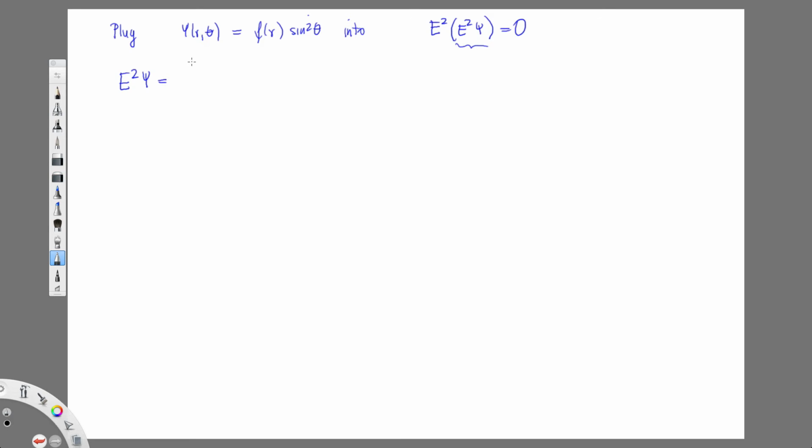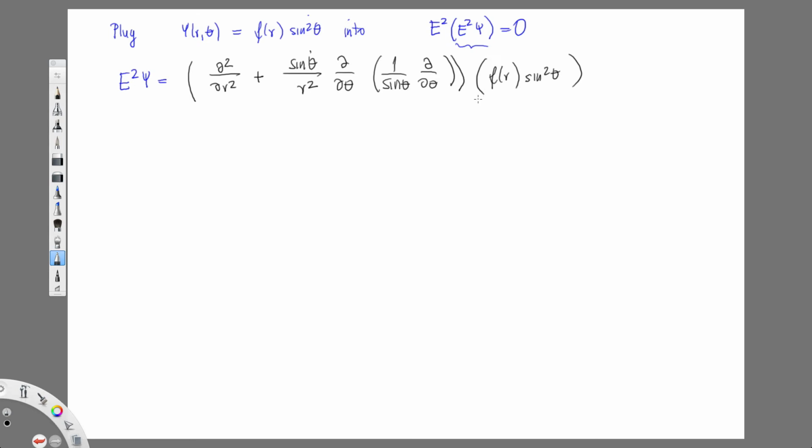So I already said the operator is partial square partial r square plus sine theta over r square partial partial theta of 1 over sine theta partial partial theta, all applied to psi. And that psi is f of r sine square of theta. So this is the function that I'm applying this operator to.